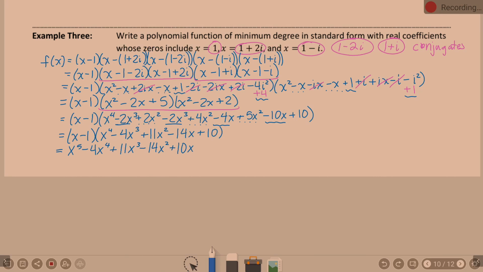All my signs just flip. Minus x to the fourth plus 4x cubed minus 11x squared plus 14x minus 10. Okay, well, x to the fifth.